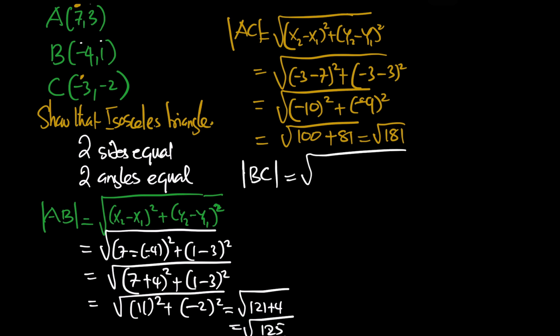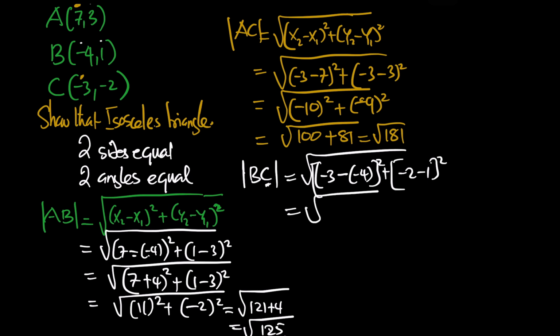The length of BC: C will be the x2 and y2. So our x2 is -3 minus the x1 of B, which is -4, squared, plus y2, -2, minus y1, which is 1, squared.